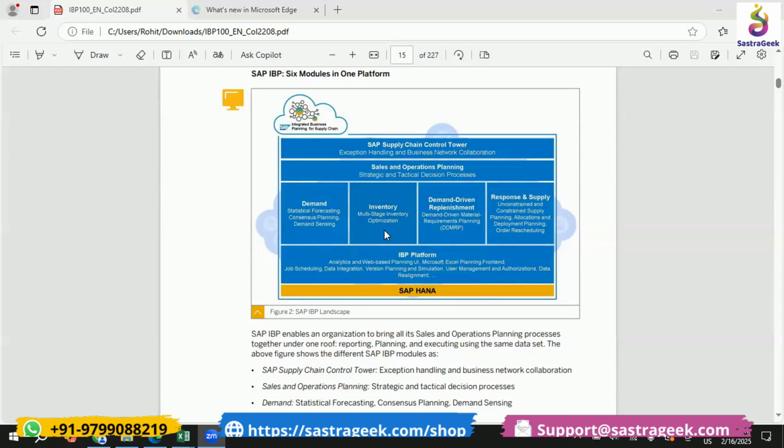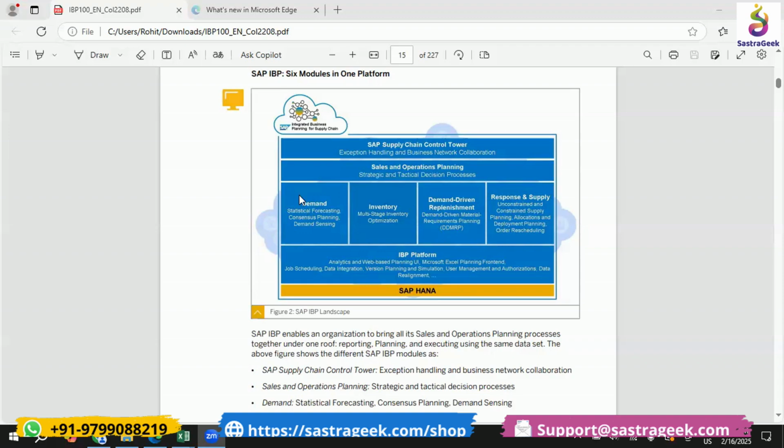SAP has an individual model to calculate your safety stocks, called inventory optimization. There are advanced techniques available to generate your safety stock calculations, and you would see that in the inventory optimization model, which is also a subset of demand driven replenishment. People call it DDMRP.